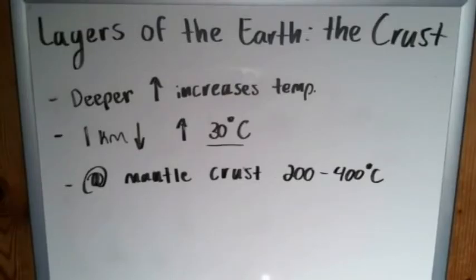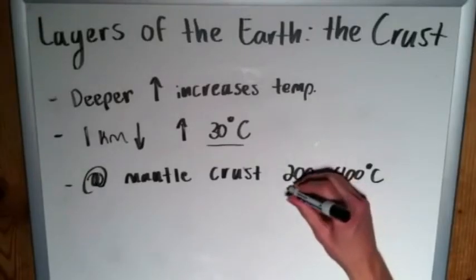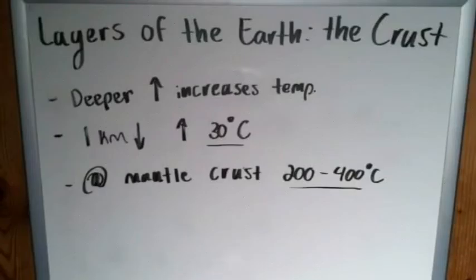So yeah, the crust at the bottom of it, once you get through the 5 to 10 kilometers between you and the mantle, it's going to be pretty hot, and that's why humans have never dug to the mantle. I'm sure you can imagine that these temperatures are not very comfortable at all for us.